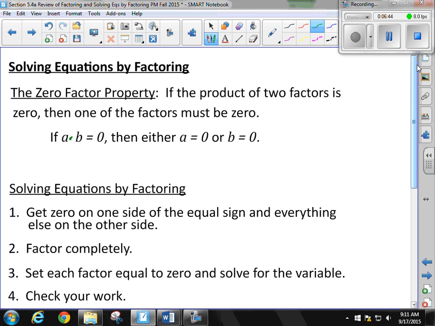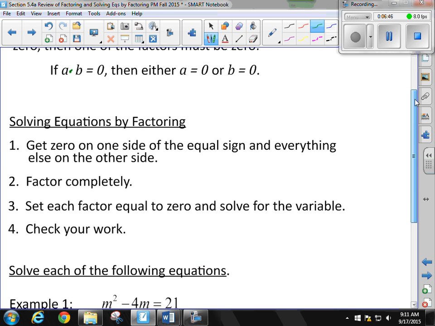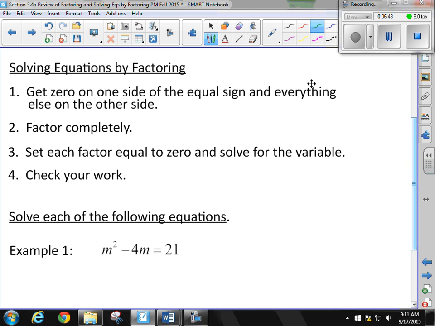We're going to use that in our solving technique. Solving equations by factoring. Step 1, get 0 on one side of the equal sign and everything else on the other side. Step 2, factor completely. Step 3, set each factor equal to 0 and solve for the variable. And step 4, check your work.